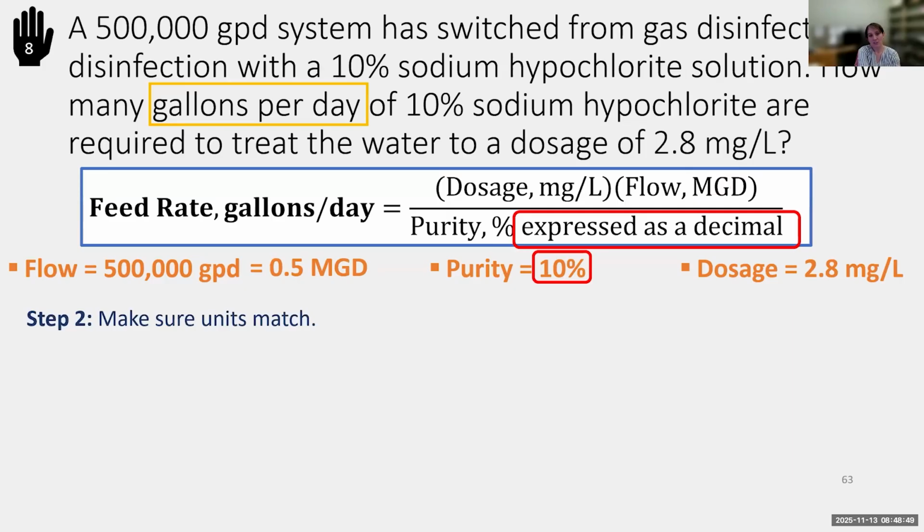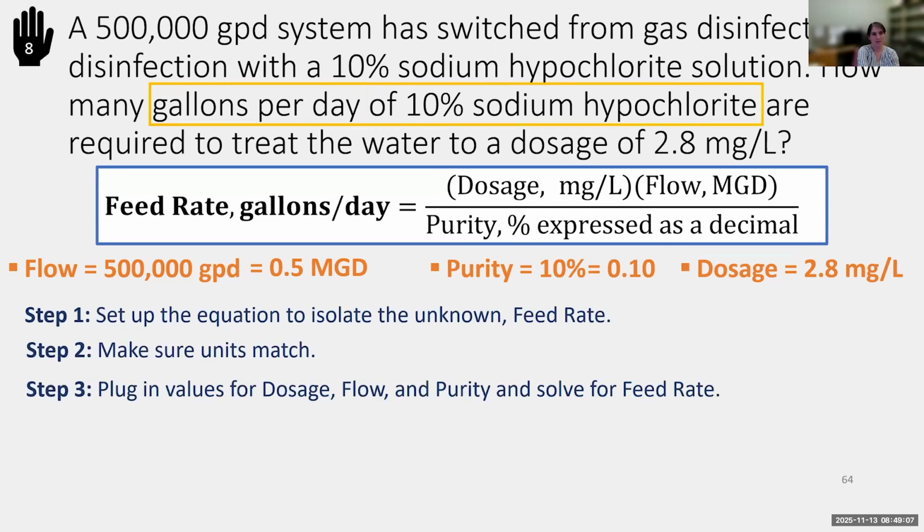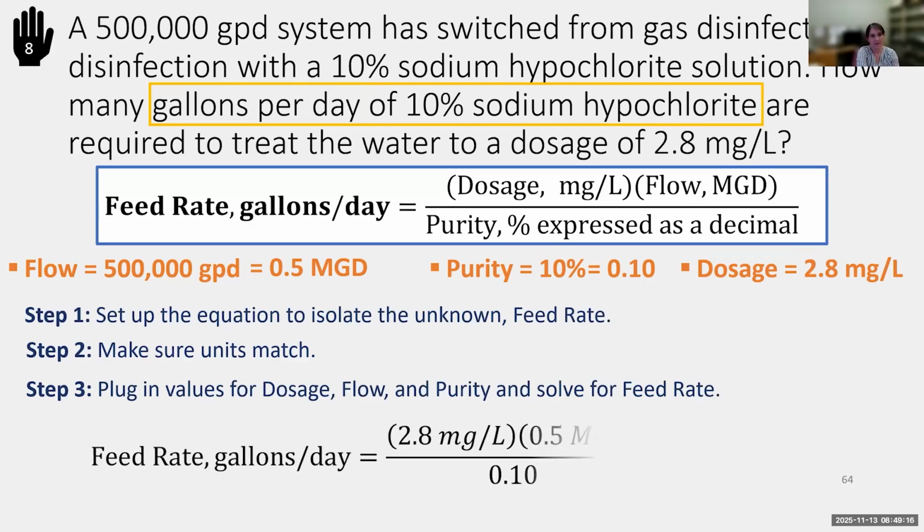And now we want purity, but again, expressed as a decimal. So we're going to take that 10% and divide it by 100%. Units cancel out, and we're going to get 0.10. So now purity is expressed correctly. We now want to plug in the values for dosage, flow, and purity and solve for feed rate.